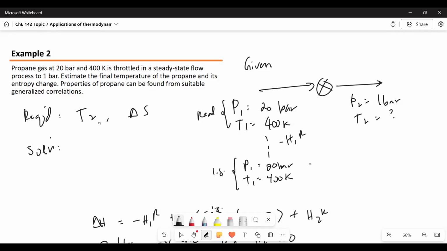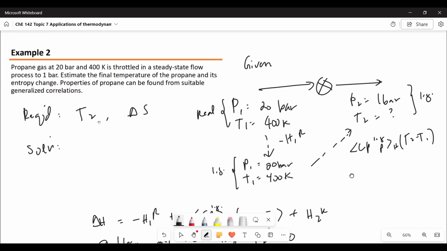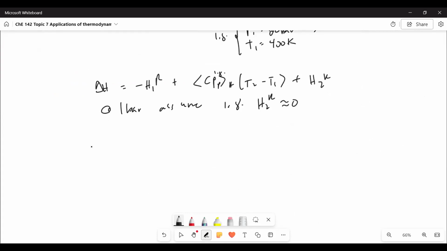Since we can assume this to be ideal gas, this is CP dT, T2 minus T1. This is negative H1R. We have no H2R.